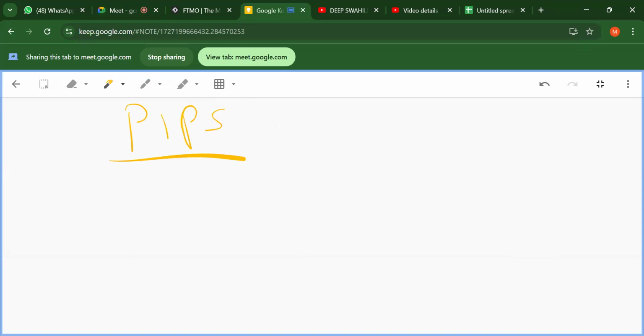We said it is the smallest unit of measure available in a currency pair. When you hear of pips, I will be explaining. So when you talk of pip, pip is the smallest unit of measure available in a currency pair.